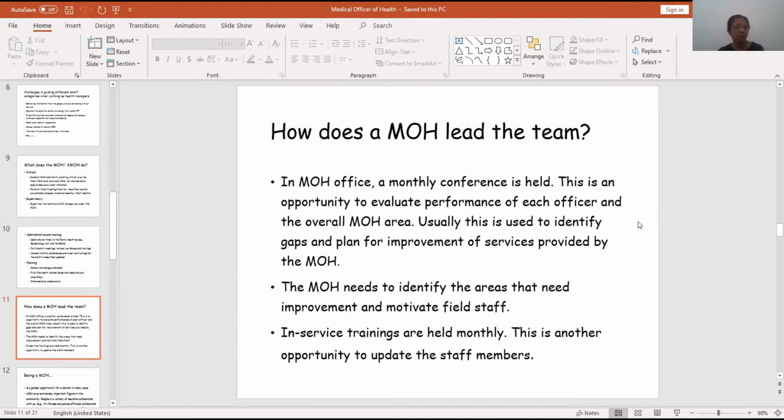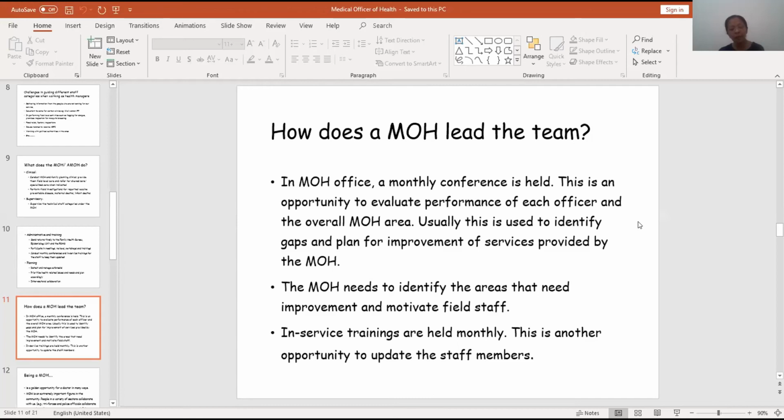It's a good chance to know our people and our area and the problematic areas and to identify the gaps. It's a good time. Always ask why. Why is your data decreasing, why is your data increasing? You have to ask.